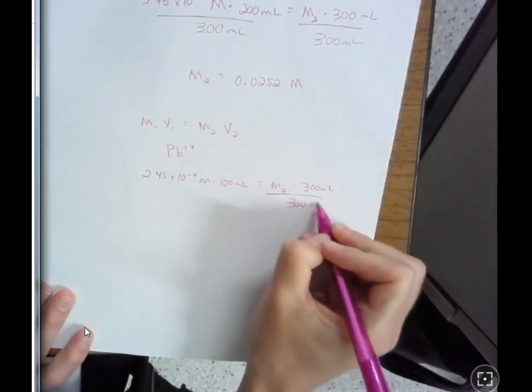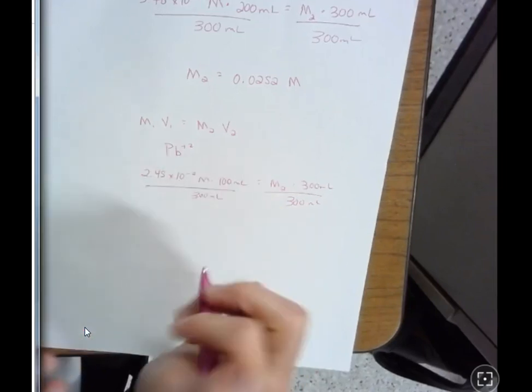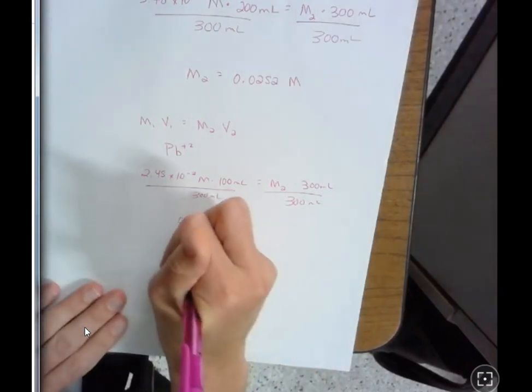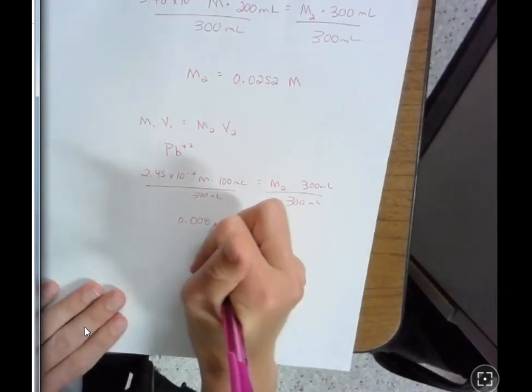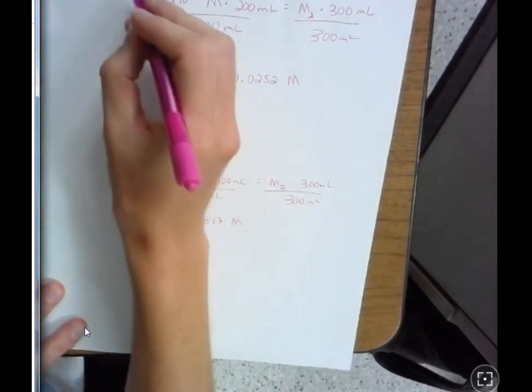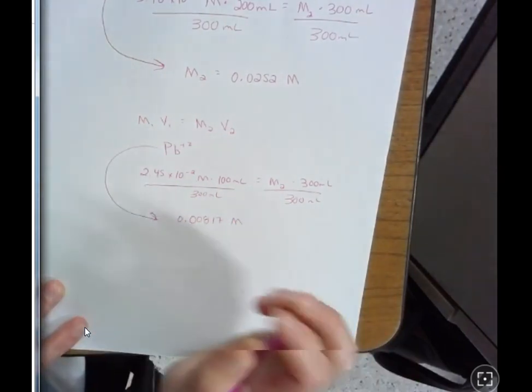So we'll divide both sides by this 300 milliliters to find our new molarity for the lead. So 2.45 times 10 to the negative 2 times 100 divided by 300. I'm getting 0.00817 molarity for my lead.